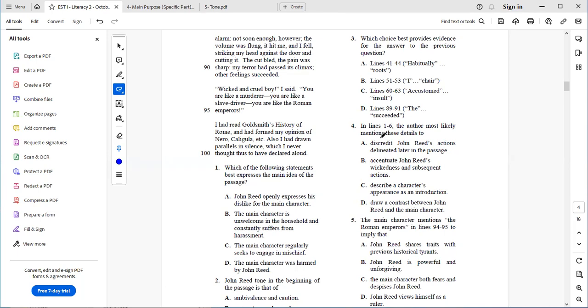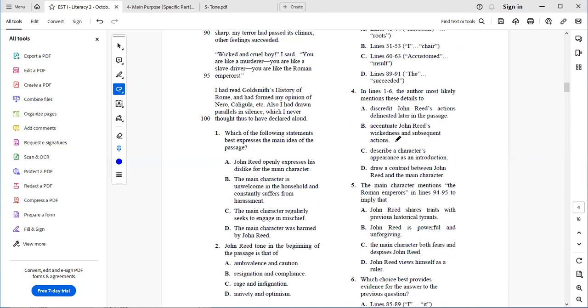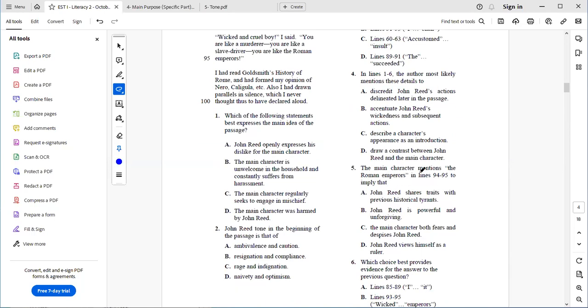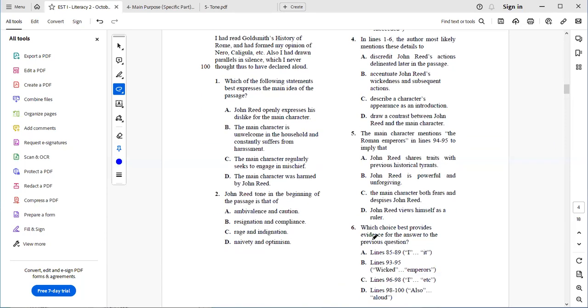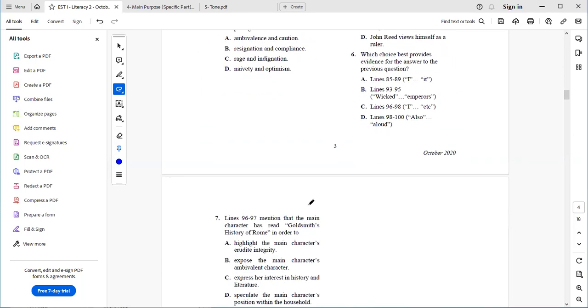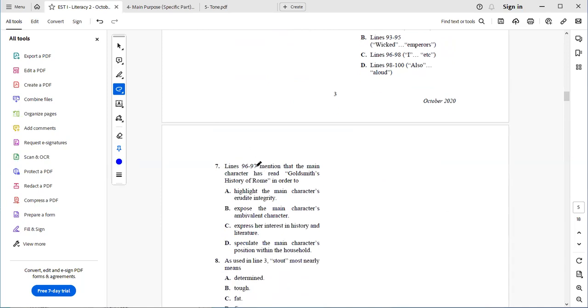Let me return and write also the homework for this. Homework. Question 4. Still, we have other questions. Question 5, easy also. He mentioned the lines and the words. No, I'm sorry. Questions 5 and 6 are evidence based. Okay, question 7, yes, it's from the easy.